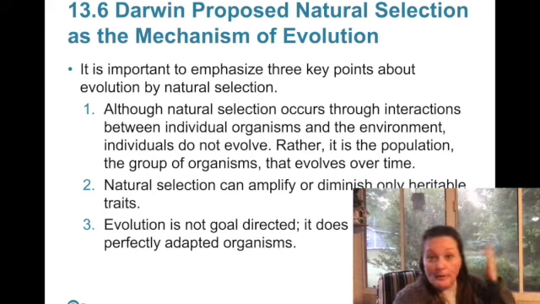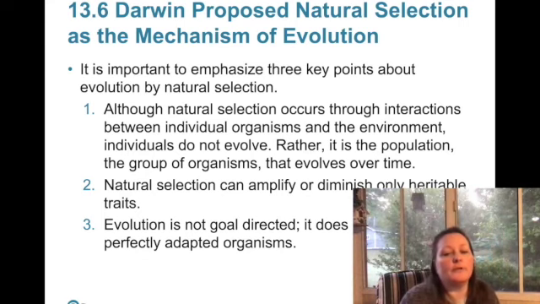We currently have a pandemic running around, so evolution is not goal directed. It's not like we are going to make this the perfect whatever. You can't, because everything changes. All the populations are constantly changing. Your environment is constantly changing. We are constantly changing. That is part of life, is change.